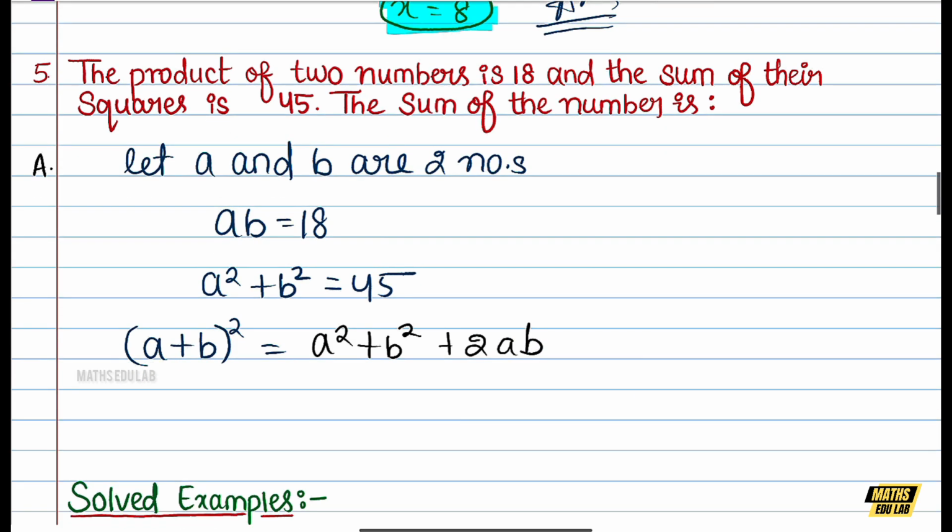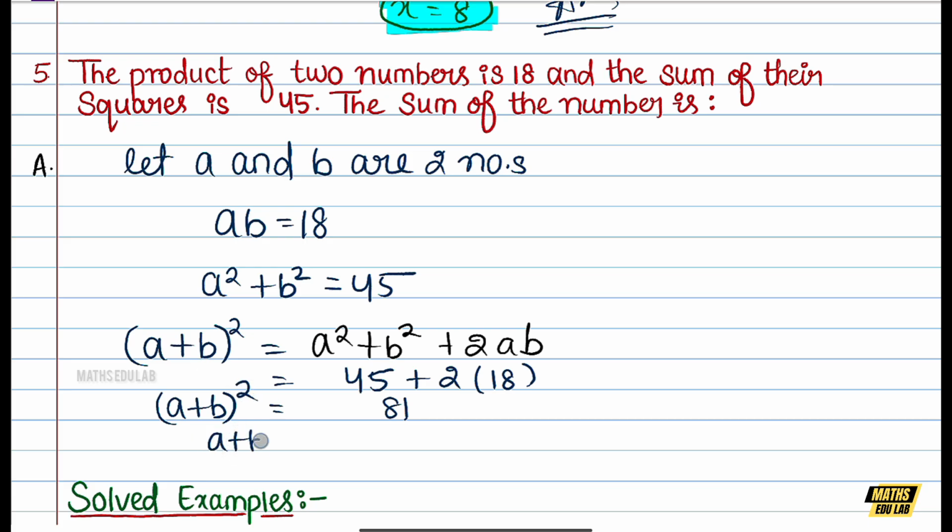Now we will substitute the values: A square plus B square is 45 plus 2 times AB, which is 18. On solving, we get the value 81. So (A plus B) whole square is equal to 81.